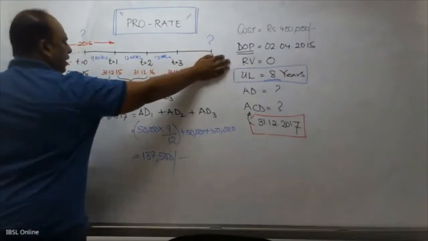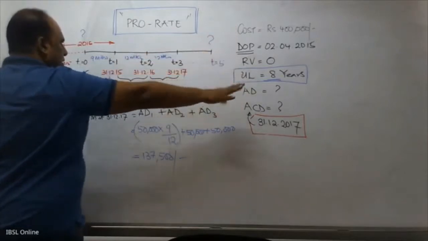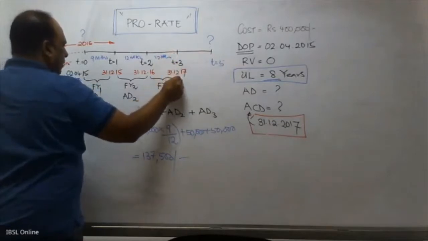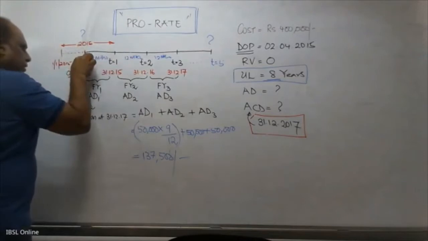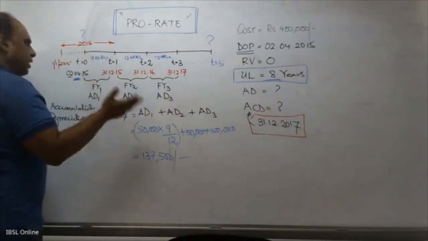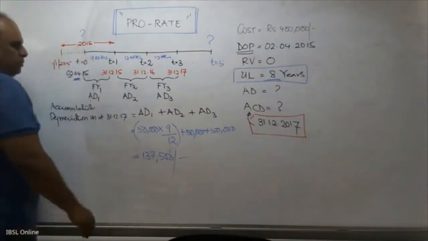That is somewhere later. We are not bothered about it. Now we are talking up to 31st December 2017. So the policy says in the year of purchase, irrespective of whether you use it for 1 month or 2 months or 9 months, I don't mind. You depreciate it for 12 months.